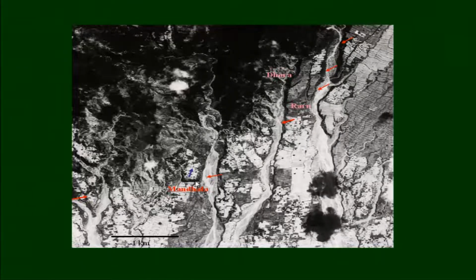And in general, what is seen is that most of the alluvial fans which are formed at the base of the mountain front have the slope towards downstream, but this one has the slope towards upstream, which is usually not possible. But tectonic deformation can result in the development of such a slope, which we call back tilting. So, tilting in the opposite direction.